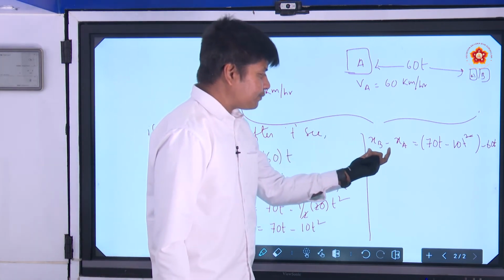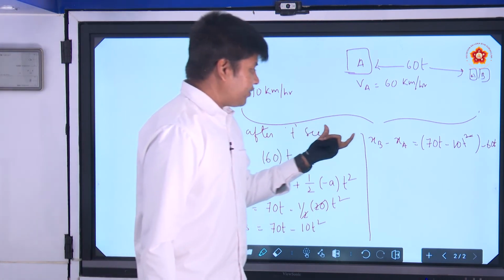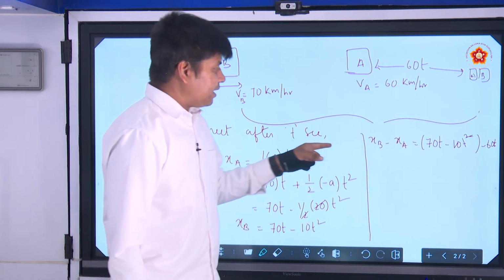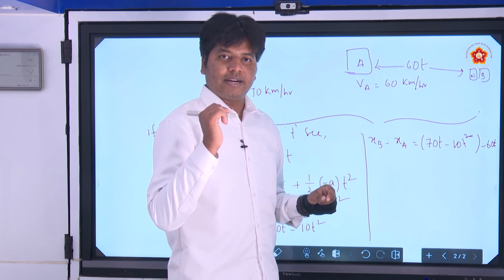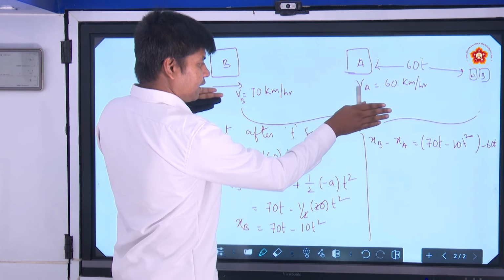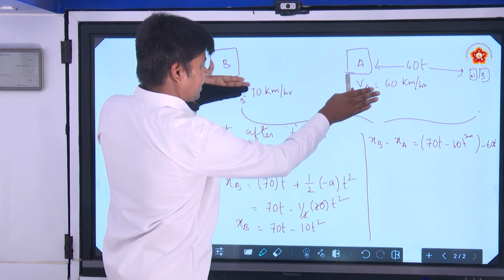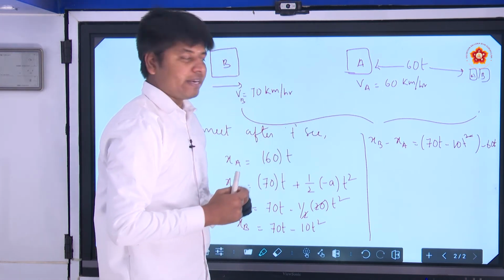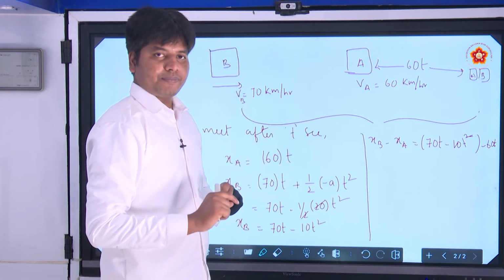Now what is this XB minus XA? A is the observer, right? It is the relative distance of B with respect to A. Now for B, 2.5 is in the backward direction, right? B is approaching A. When B is approaching towards A, when it is at 2.5 kilometers, then it started decelerating.